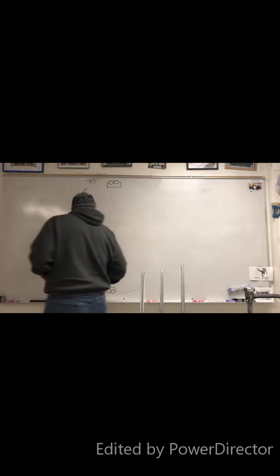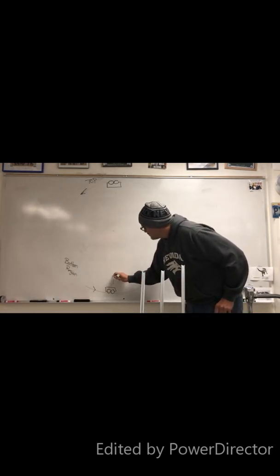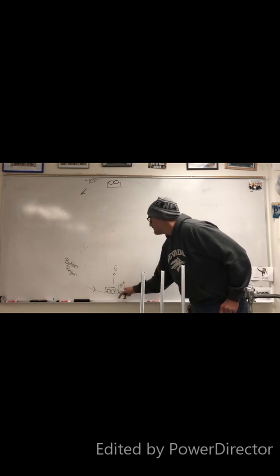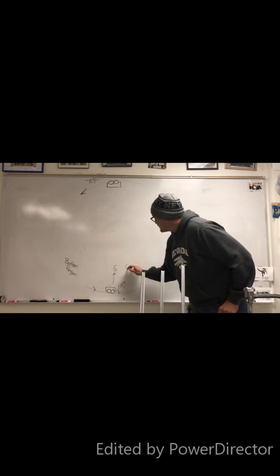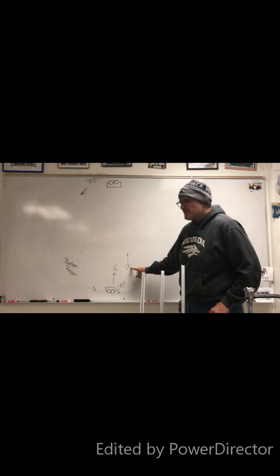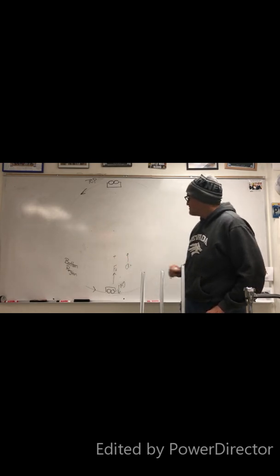We have a normal force acting in this direction, mg acting down this way, and the centripetal acceleration acting toward the center. So we'll take going in this direction, toward the center, to be positive.